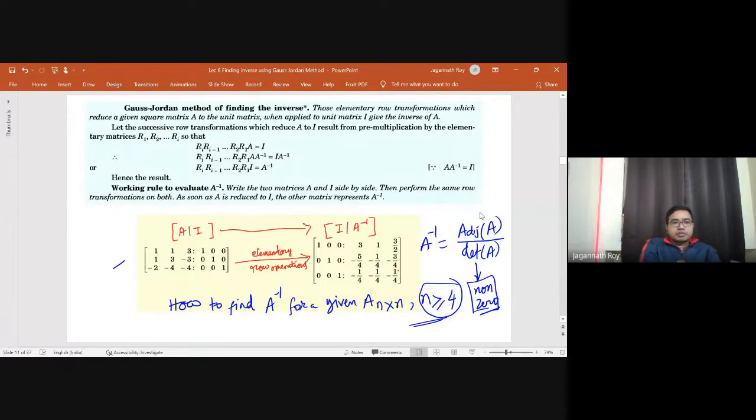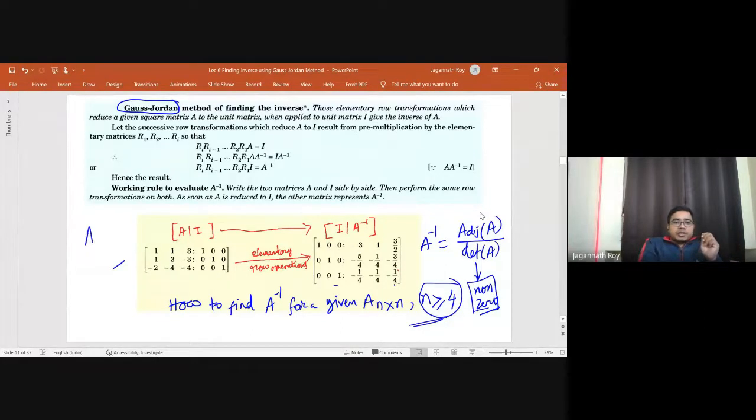This particular method has one beautiful application: the Gauss Jordan elimination that we have seen in the previous lectures. It can also help to find the inverse.